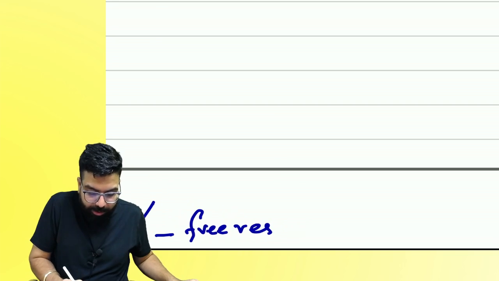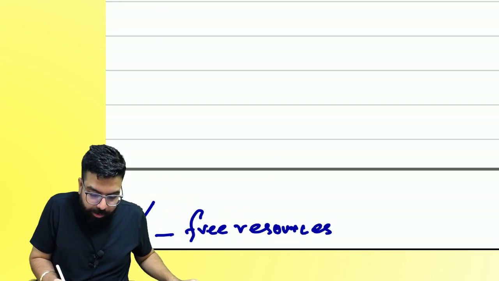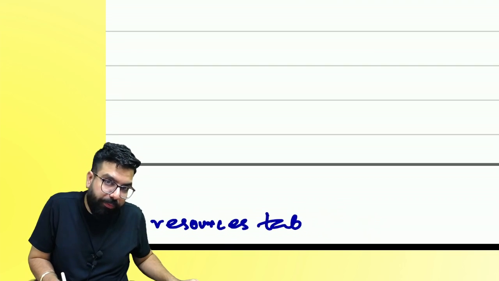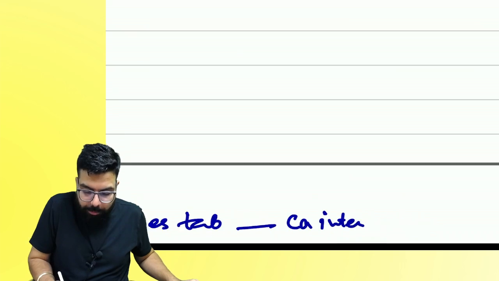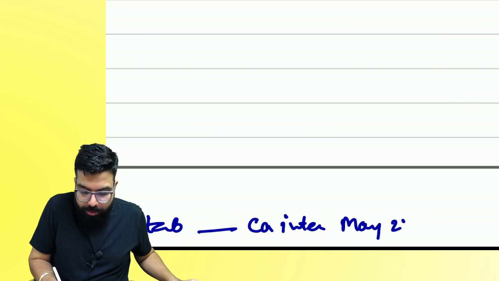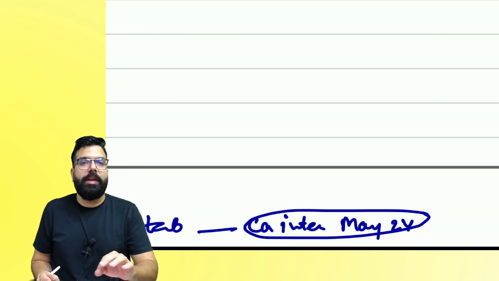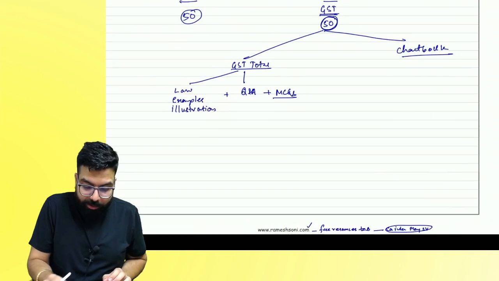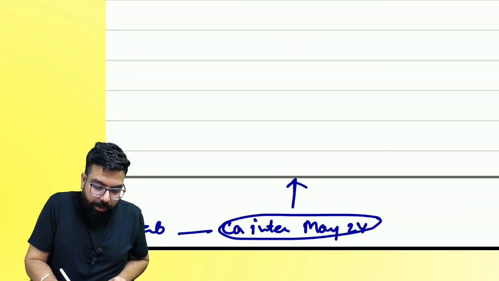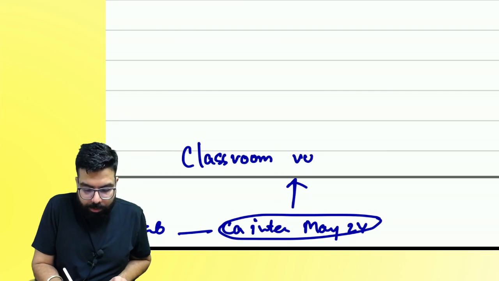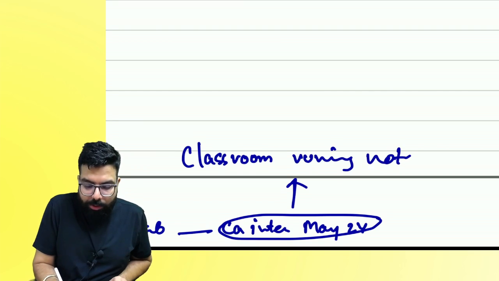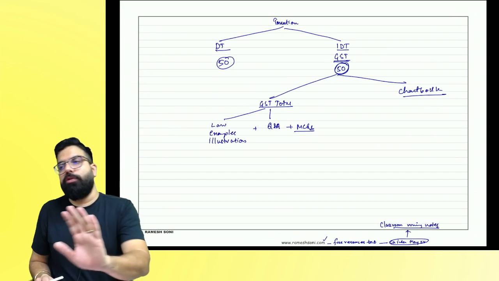You have to go to free resources. One tab will be there. In the free resources tab, you will see the CA Inter May 24 folder. In the May 24 folder, you will see classroom running notes. What is this called, everyone? Classroom running notes. So whatever I am writing in the class, that also you will get.